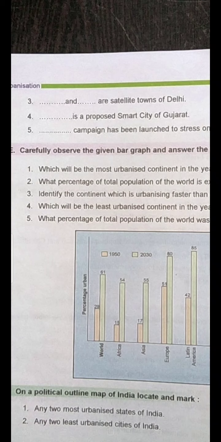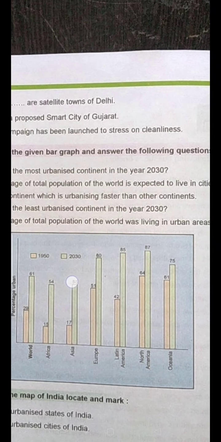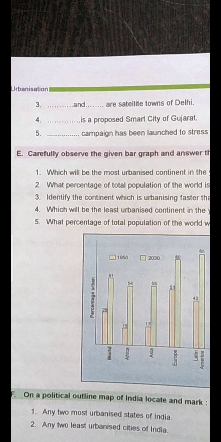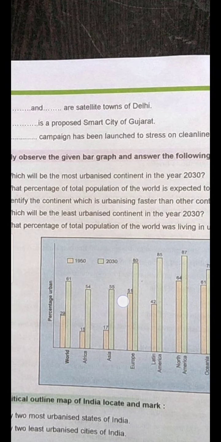Dash is a proposed smart city of Gujarat. Ahmedabad is a proposed smart city of Gujarat. Dash campaign has been launched to stress on cleanliness, and we know that Swachh Bharat Abhiyan campaign has been launched to stress on cleanliness. Okay.